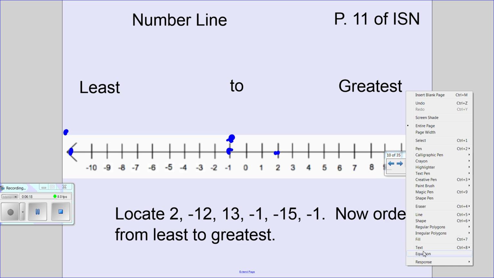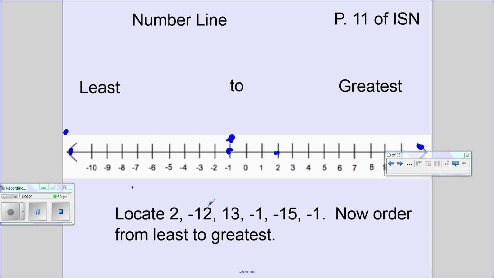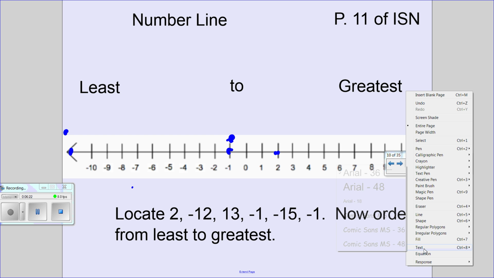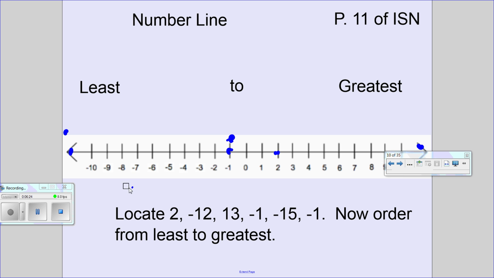So let's put these from least to greatest. From least to greatest, I see -15, then -12, -1, -1, 2, and 13. I'm going to have to remove one of these -1 in my next one.